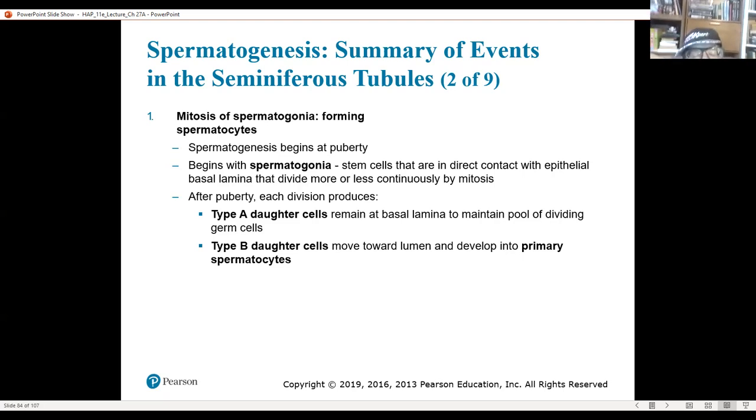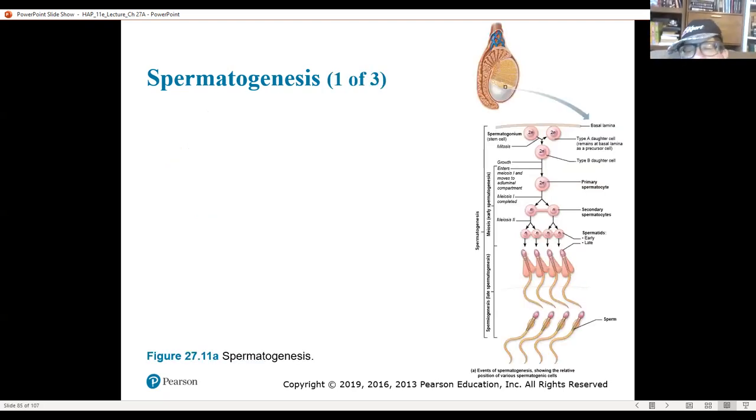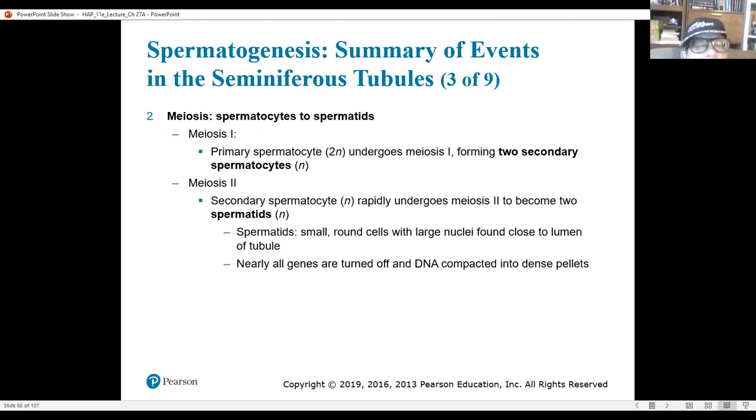The other one is going to make daughter cells, and those are going to move towards the lumen and divide to be primary spermatocytes, which will grow up to secondary and then divide again. Okay, so there it is. In meiosis 1, the primary spermatocyte will form 2 spermatocytes.